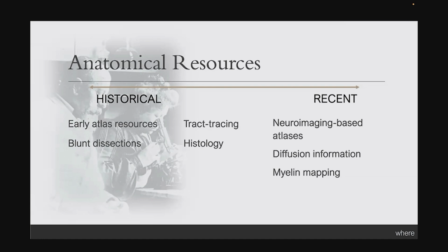Information from blunt dissections from this era is also very helpful. More recently, there's, of course, work in tract tracing and histology that sometimes has been done on less well-studied species, so it's worth tracking down that as well if you can find it for the species that you're working with. And then more recently, we are seeing more and more neuroimaging-based atlases of typically not studied species. And of course, any kind of scan that you have, even if it's not an atlas, you can look at scan information that can help you as well.